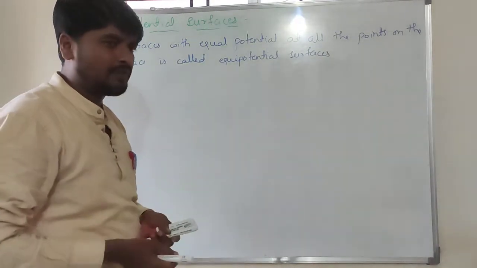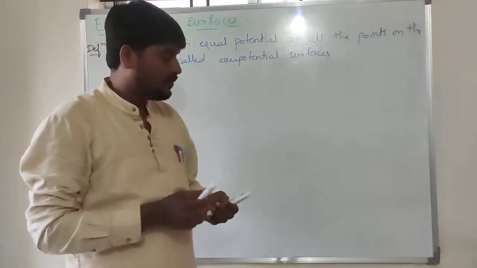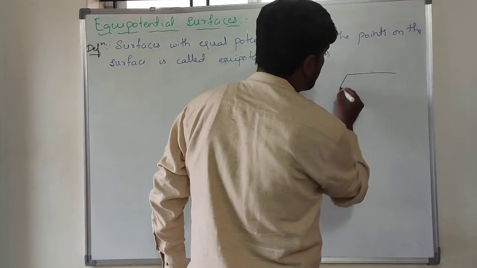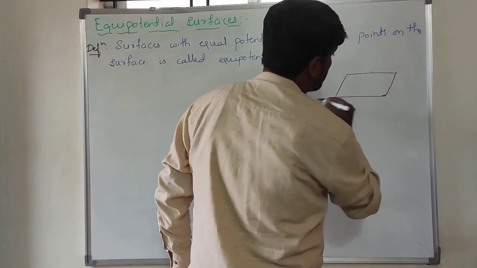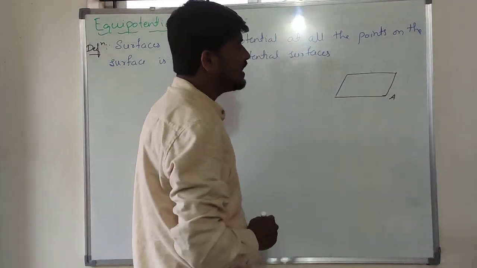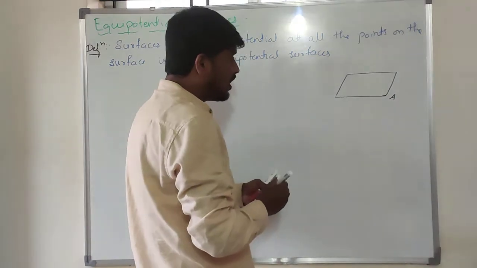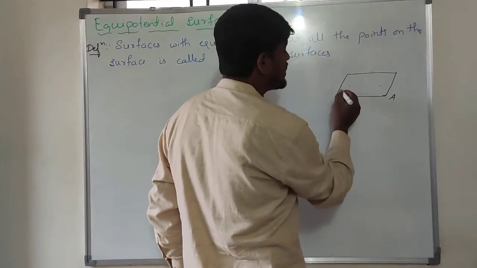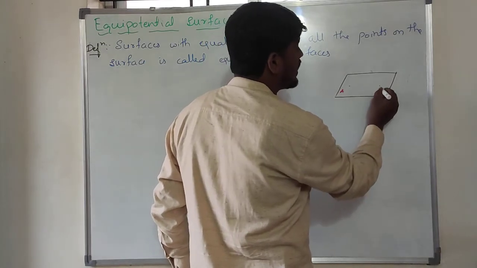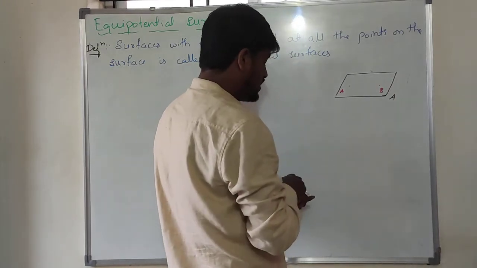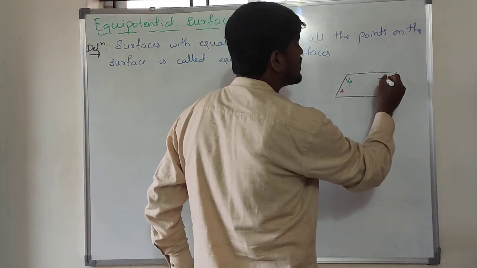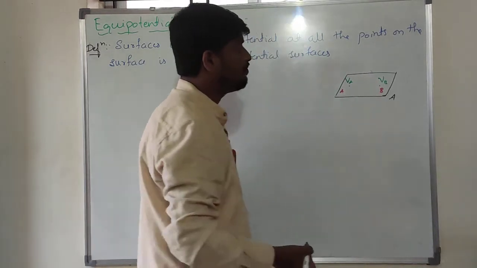We can discuss one more definition. If I consider an equipotential surface, say surface A is an equipotential surface, on this surface I consider two points, one is A, one is B. The potential at A is VA and the potential at B is VB.